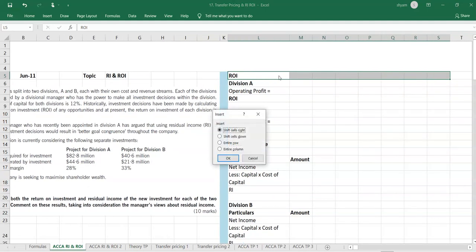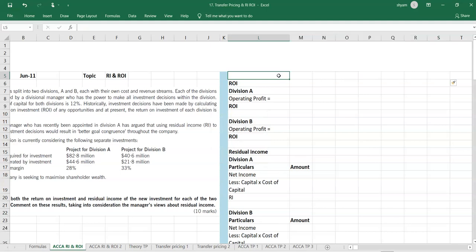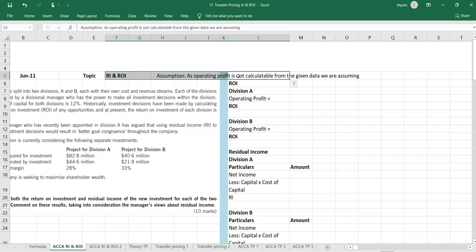The assumption would be: as operating profit is not calculable from the given data, we are using net profit as operating profit.